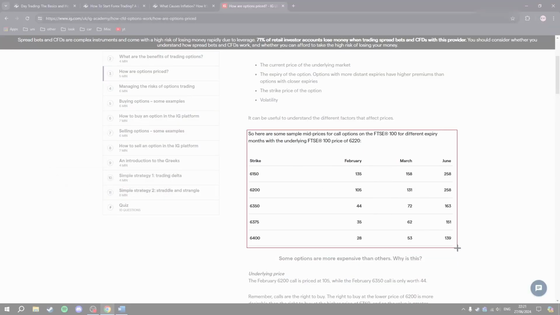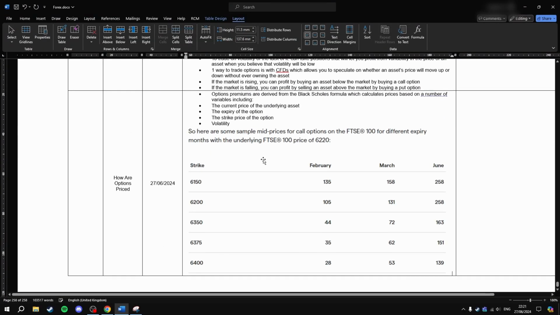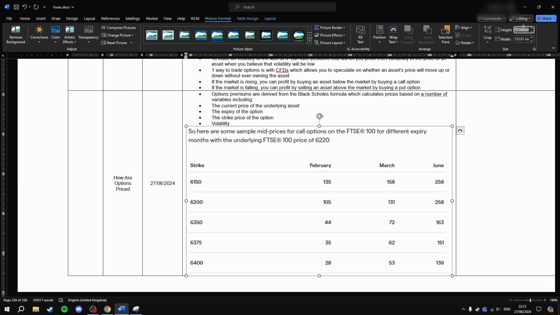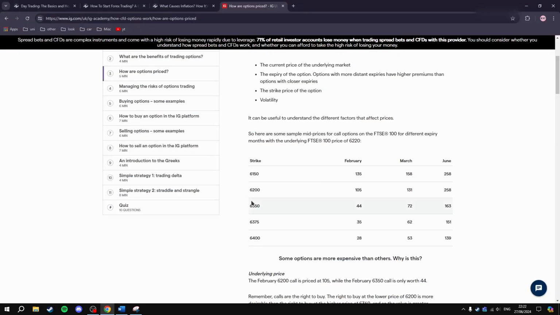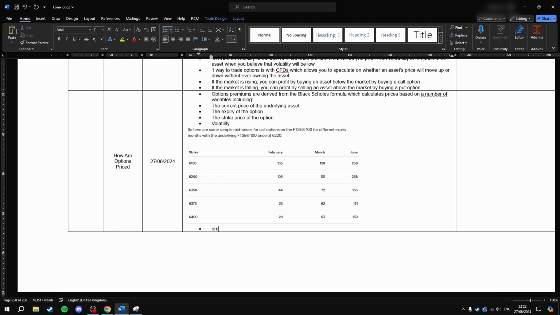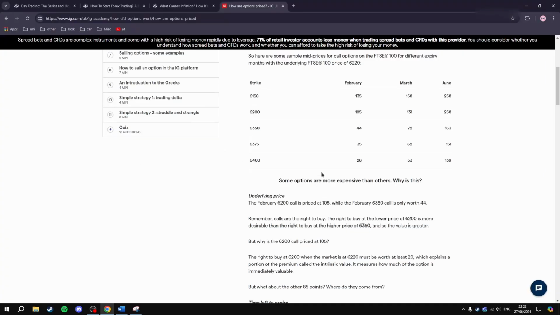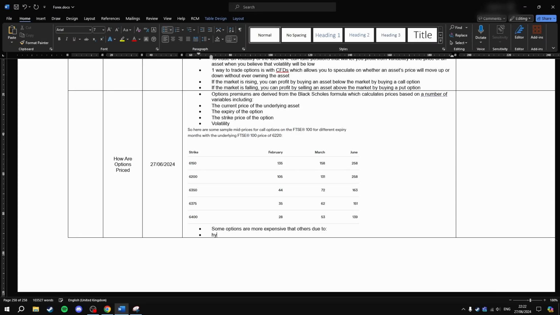Some options are more expensive than others due to underlying price.